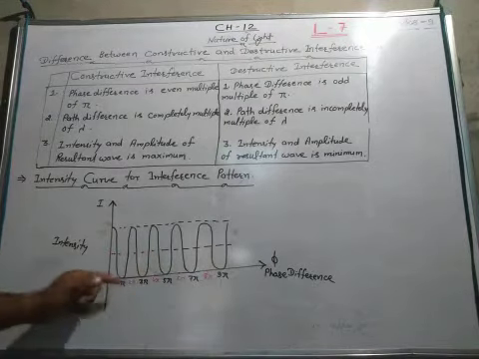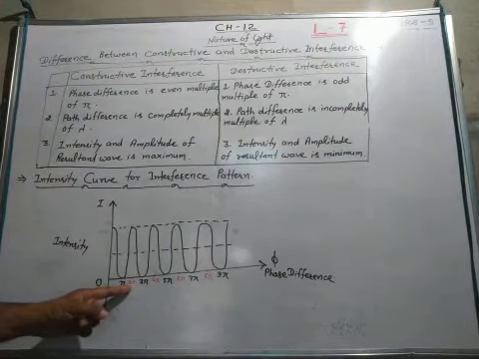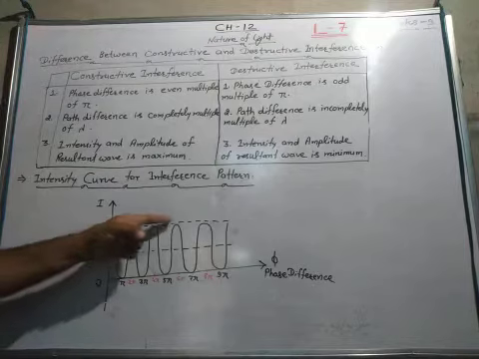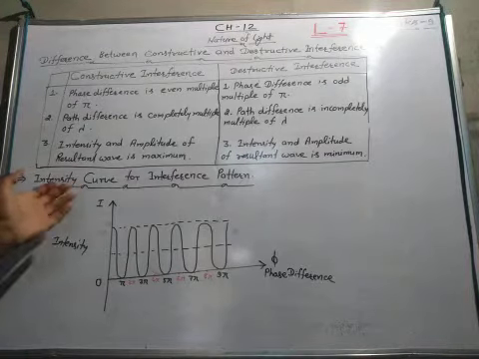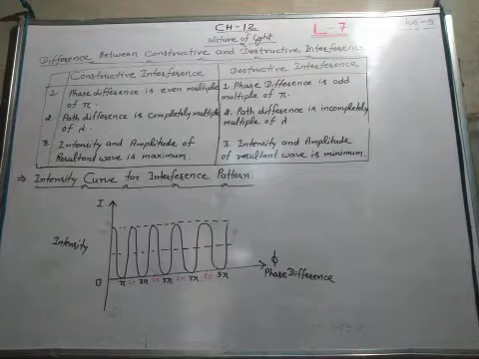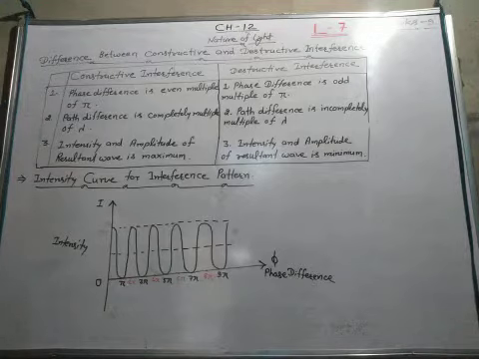If the phase difference is an even multiple, as shown by red color, then intensity will be maximum. This is the intensity distribution curve for the interference pattern. Now you can take a screenshot to prepare your notes.